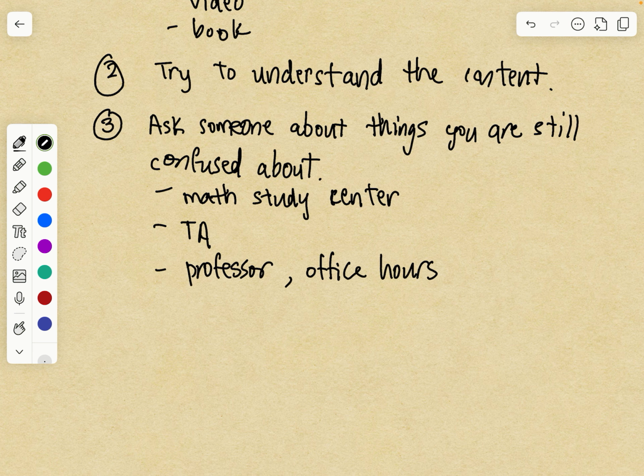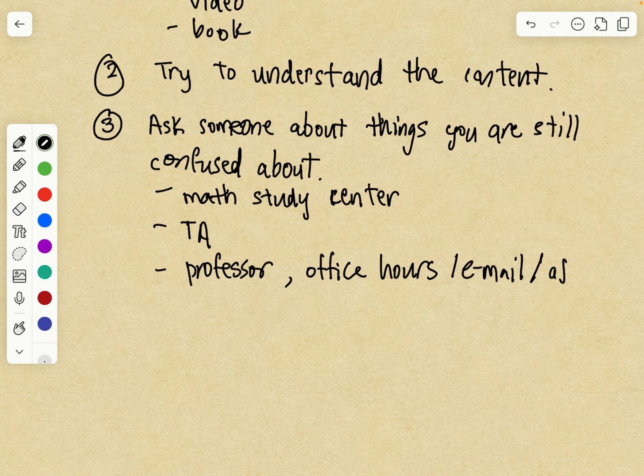Okay? You could even consider emailing your professor or TA. Now, many professors don't respond to these kinds of emails. So office hours might be the better opportunity for that, but they might be able to answer some of your questions after class.